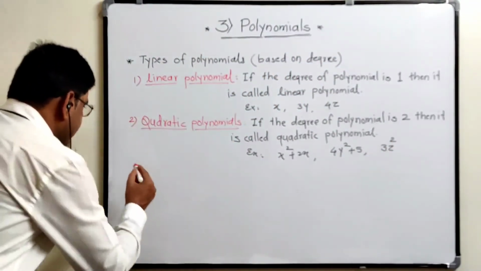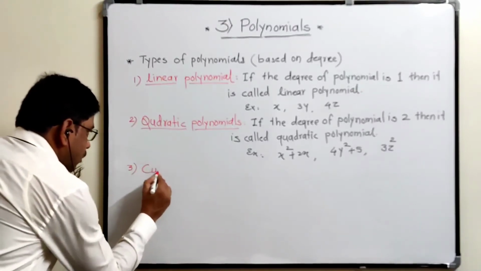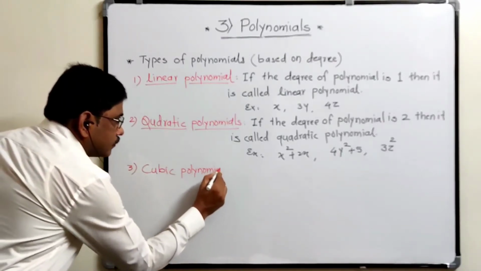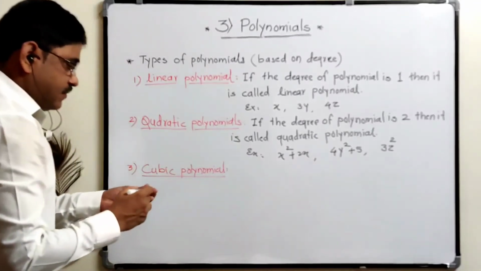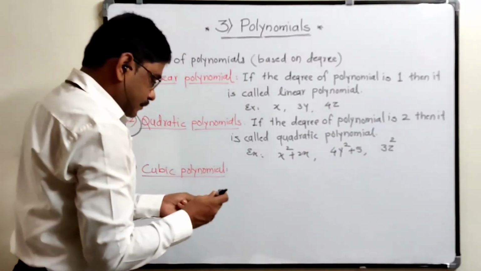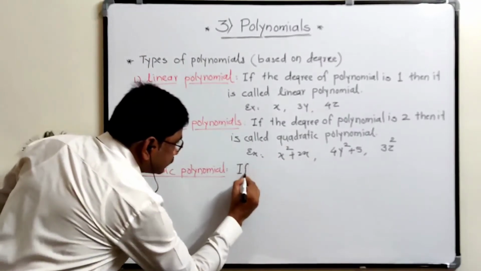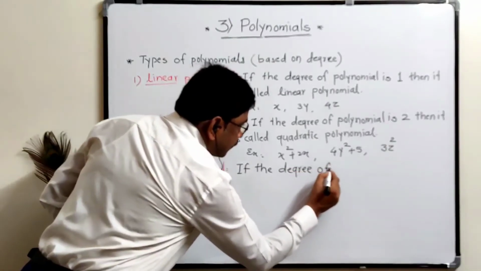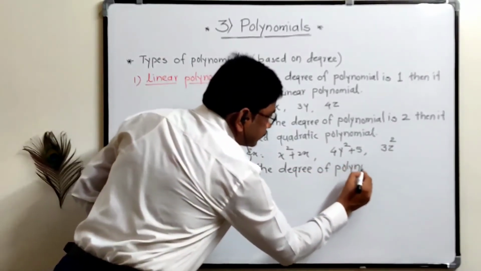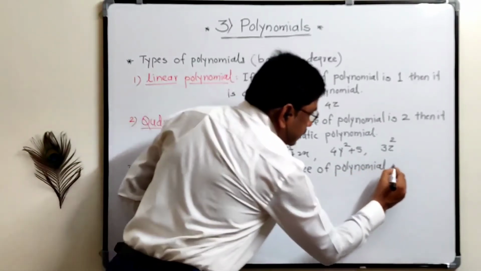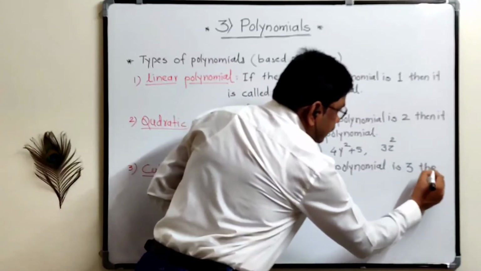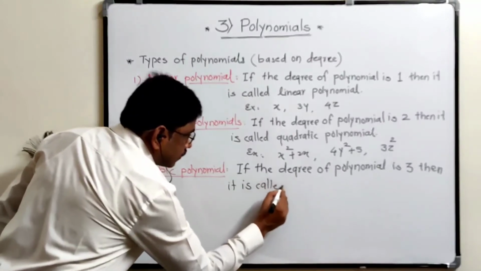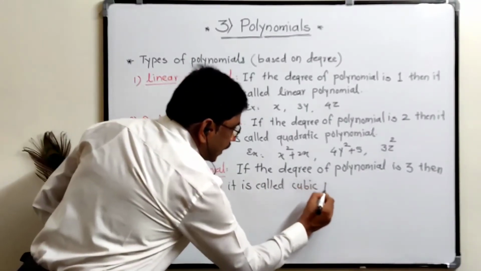And last one, the third type, is cubic polynomial. If the degree of polynomial is 3, then it is called cubic polynomial.